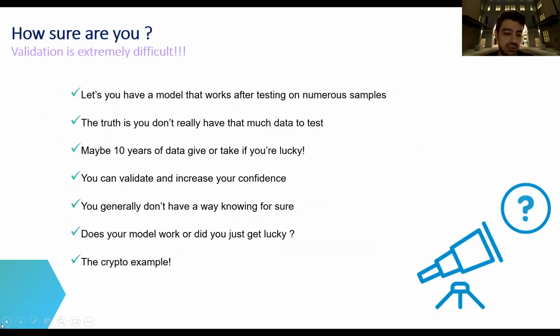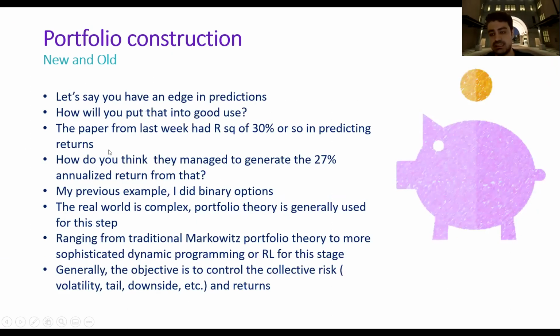Now, after doing all that, imagine you have a winning model with an edge. Obviously, this is not a world where you can predict with an R-square of 99% or an accuracy of like 80%. You have an edge. The next step is going to be using that edge, because the machine learning model doesn't really give you a strategy.